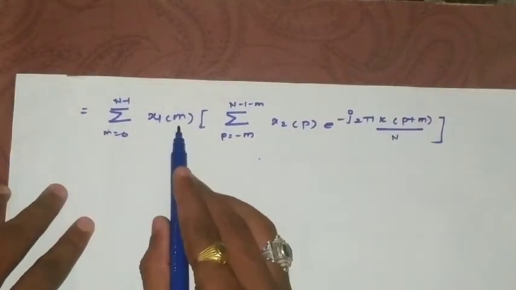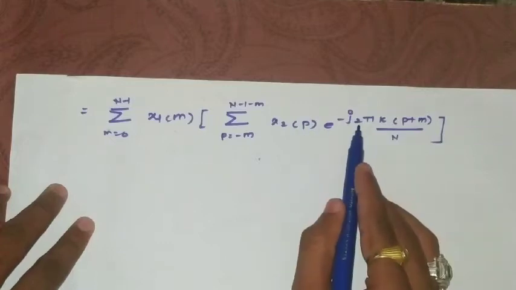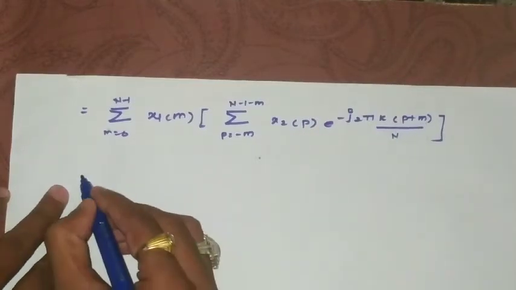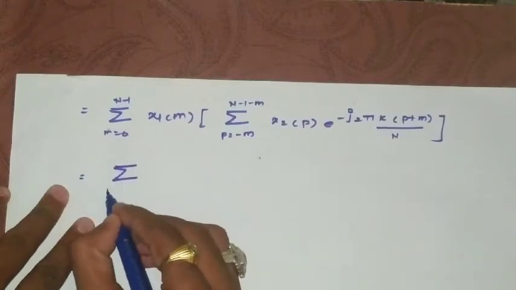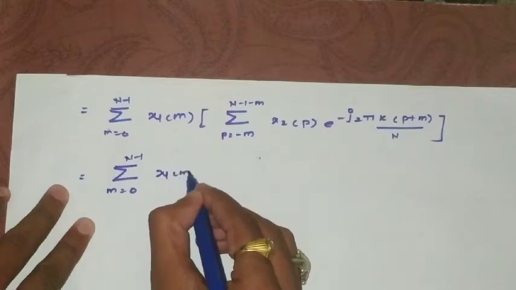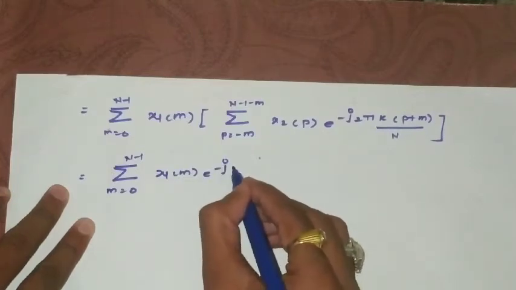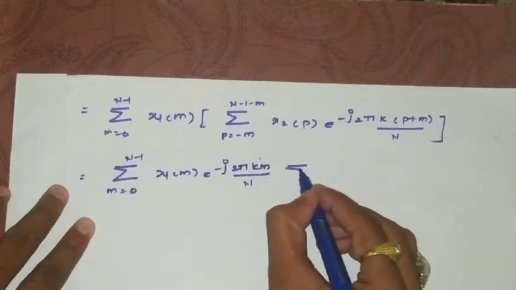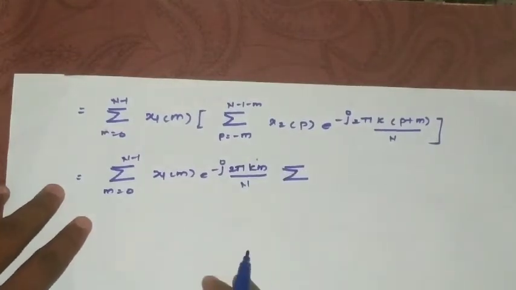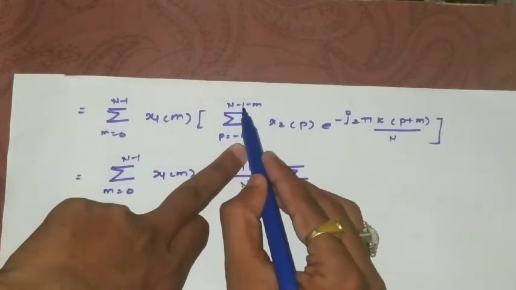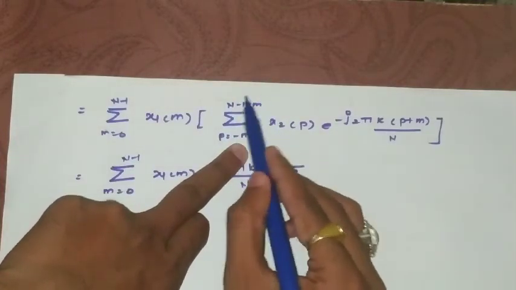Here the variable is m and here the variable is p, so I can simplify this exponential term along with p and m, so that we'll get this term as summation m from 0 to n minus 1 of x1[m] into e raised to minus j 2 pi km divided by N. And in this case, if you observe, when I put m as 0, this becomes n minus 1 minus 0, that means it is going to be n minus 1.